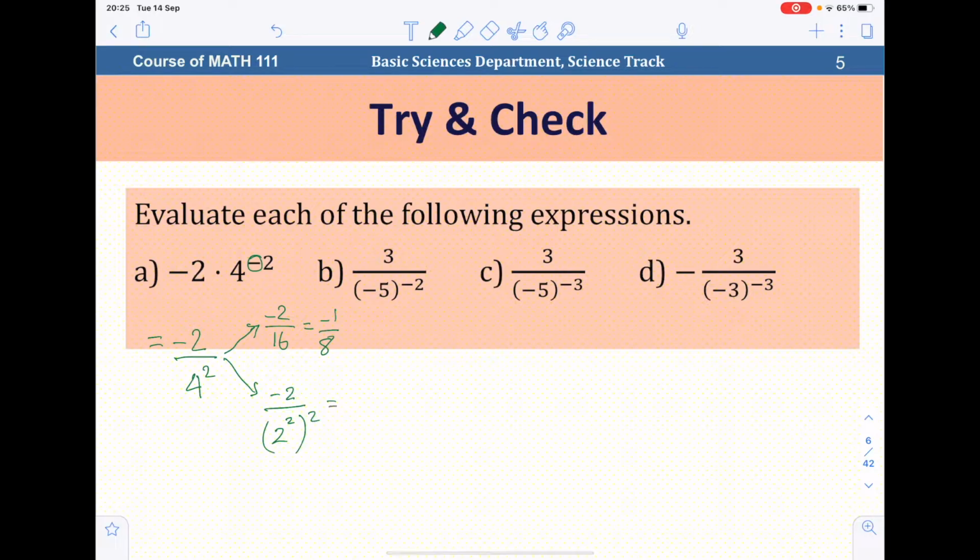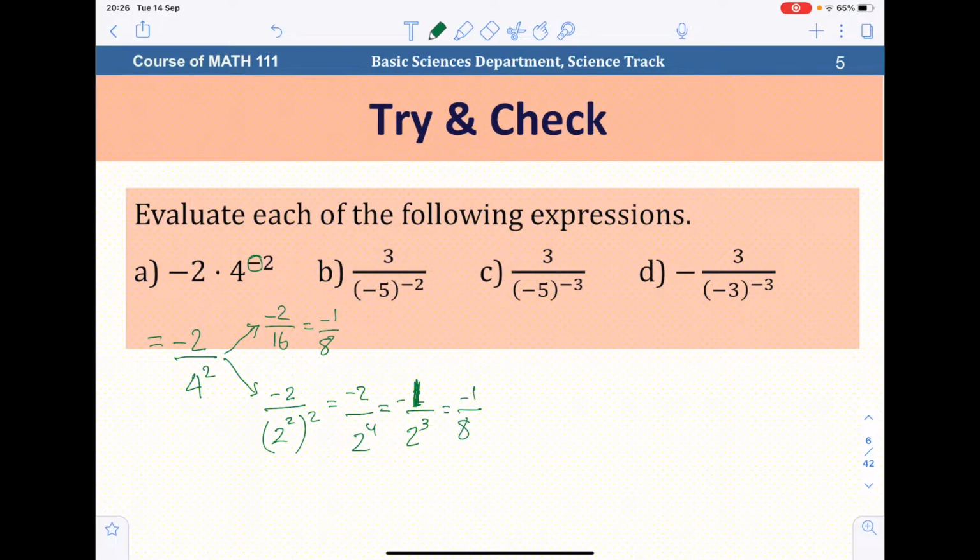Then this would be negative 2 over 2 to the power 4, and now I can cancel one of these two with one of the 2 in the denominator with the numerator, so I'm left with negative 1 over 2 to the power 3, and 2 to the power 3 is 8, so negative 1 over 8.